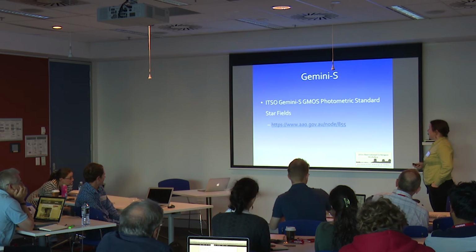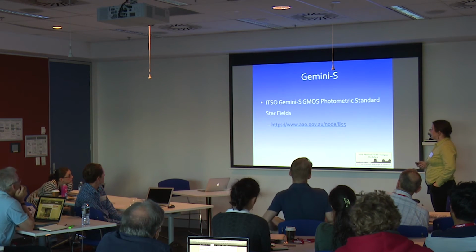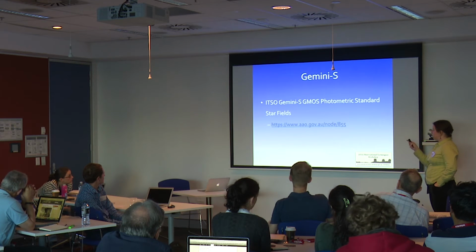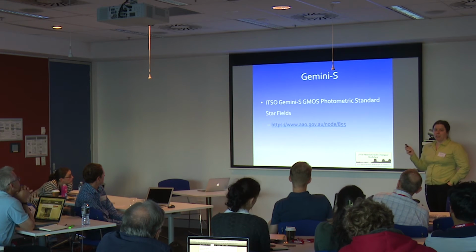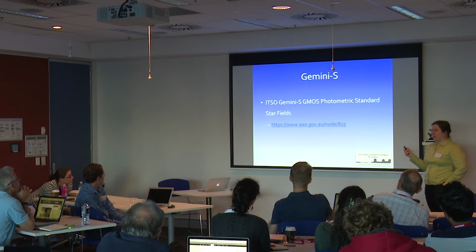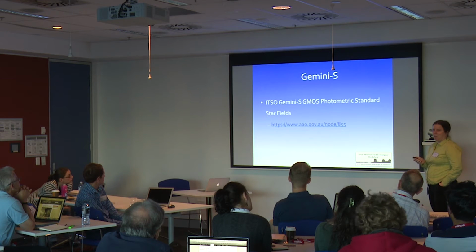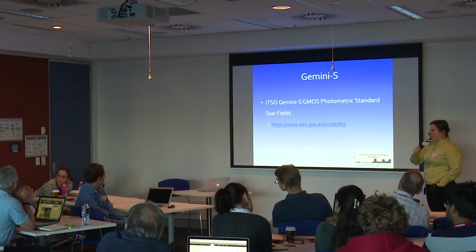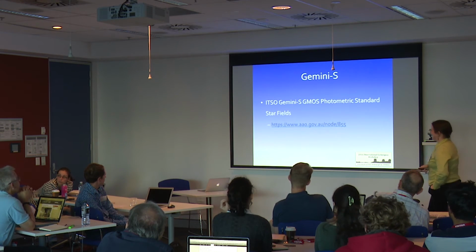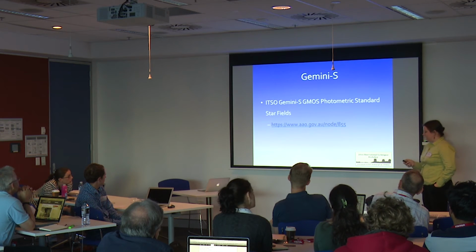And Gemini South actually has a special case where if you're looking for photometric standard star fields, you would be really sad unless you had realized that this is a little project that ITSO has done for you. It was in conjunction with, Stuart, help me out, the Macquarie University PACE program.